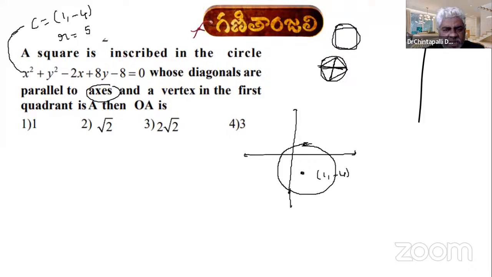See, this is one diagonal, this is another diagonal. Correct?